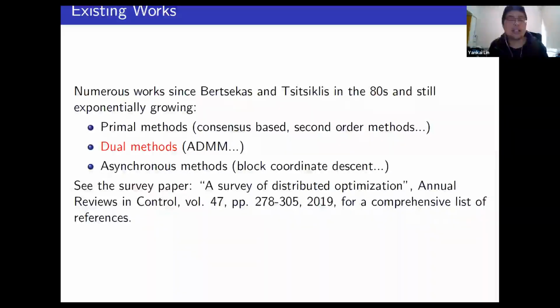And of course, you can do second order methods like the Newton method, following a similar idea. And the next one is dual methods. The idea is we formulate the dual problem and solve the dual problem. And if there is no duality gap, then we also recover the solution to the original problem.